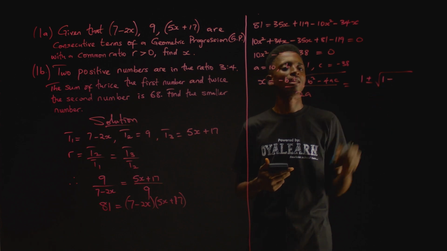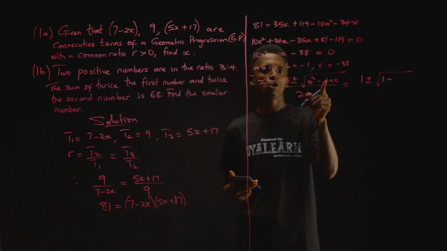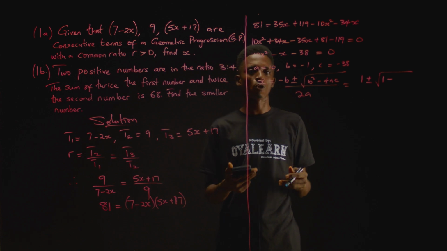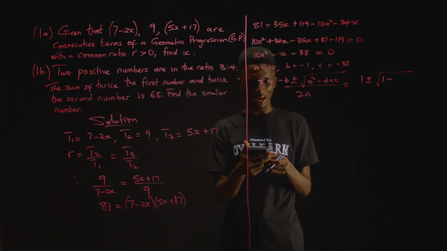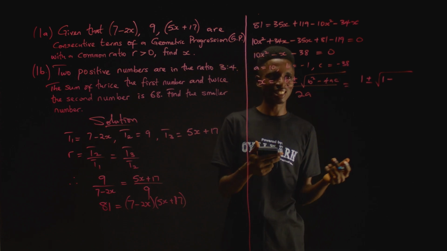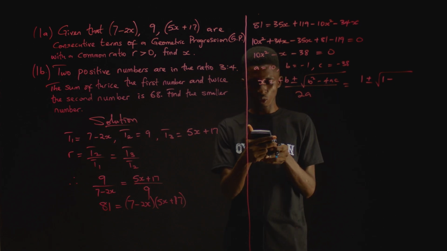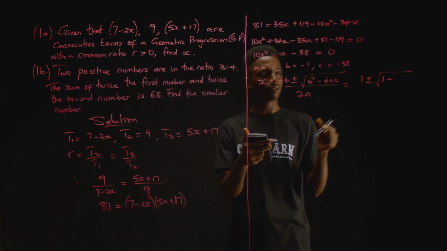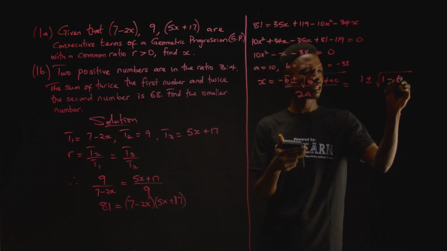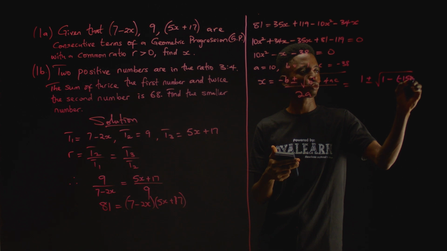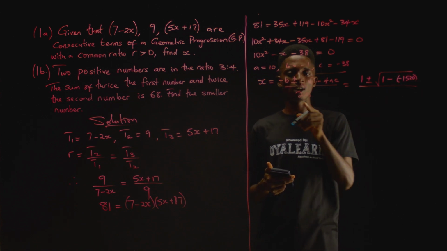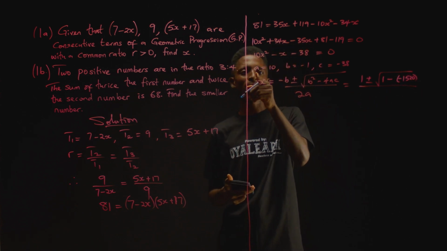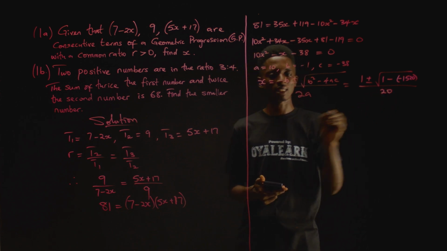Then minus 4ac. Now 4 multiplied by a, which is 10, is 40. And then 40 multiplied by c, which is minus 38, gives us minus 1520. All over 2a, that is 2 multiplied by a, which is 10, and we have 20.